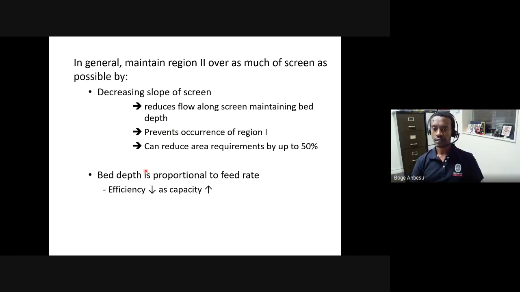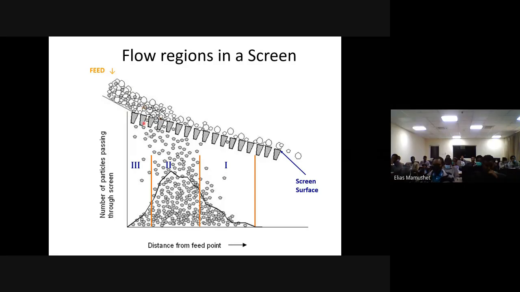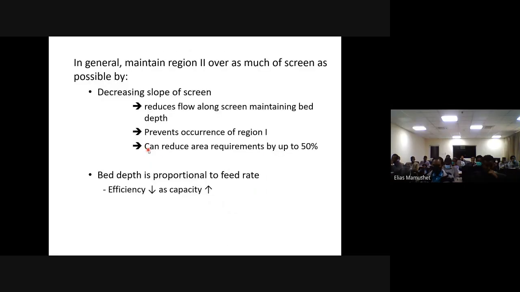Another factor is don't overload the screen too much. By feeding a lot of material you increase capacity, but if everything is very crowded and this region is really long on the screen, nothing happens in it and your screening performance will suffer.